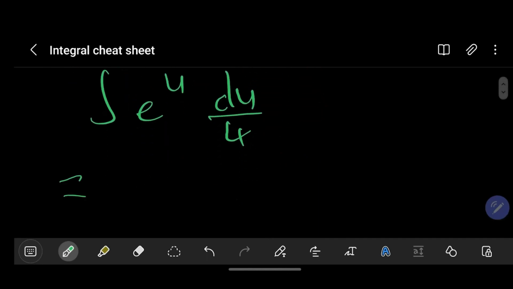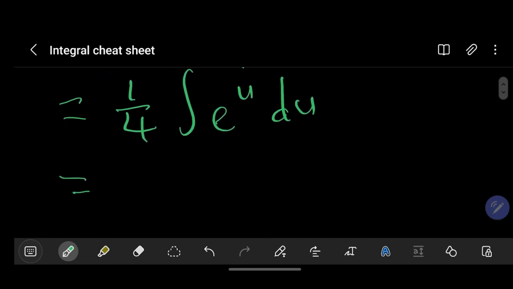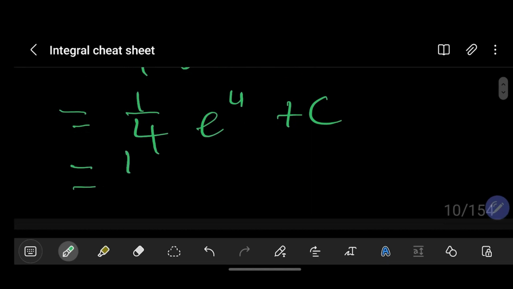And that can be rewritten as, we can take out the 4, so we'll have 1 over 4 times the integral of e to the u du, and that's basically equal to 1 over 4. We know that the integral of e to the u is just e to the u plus c, and if we substitute back, this is equal to 1 by 4 e to the x to the 4 plus c.